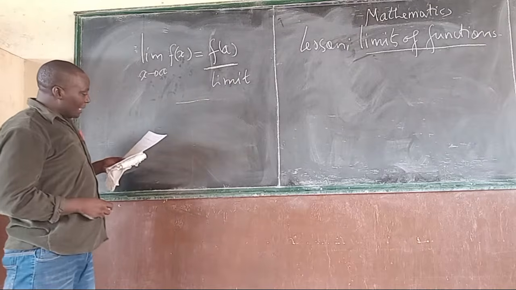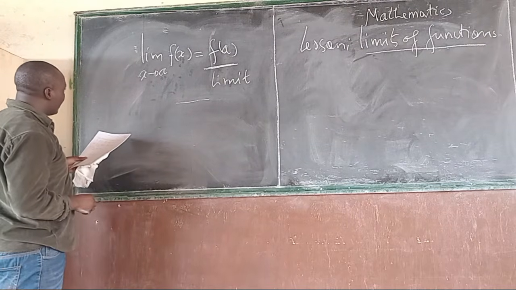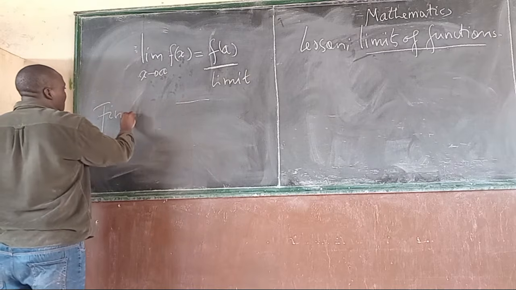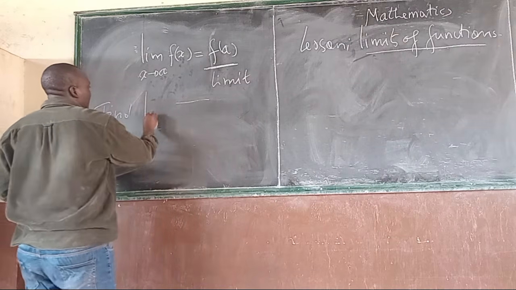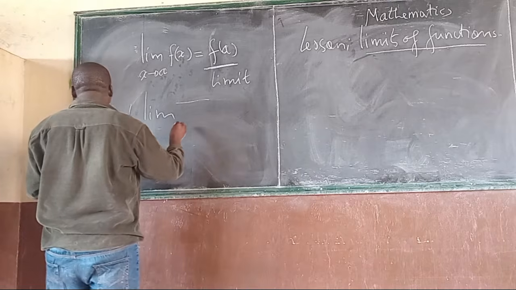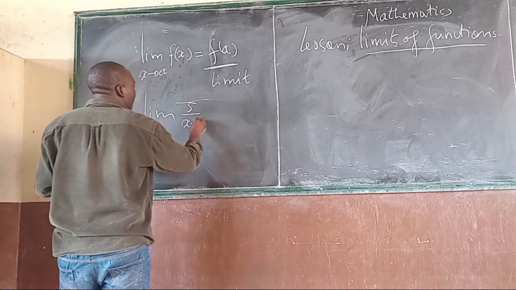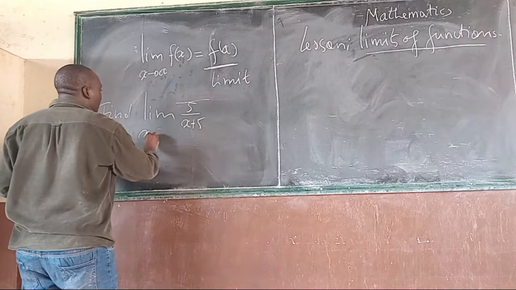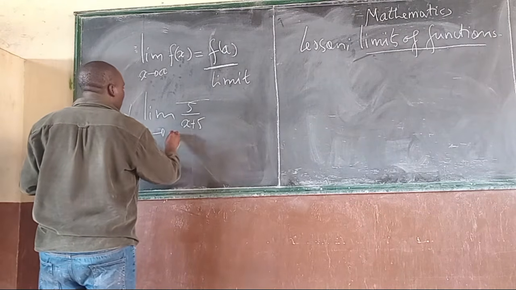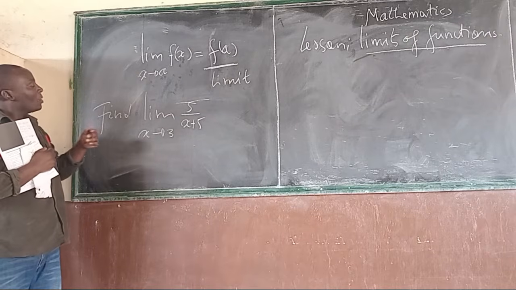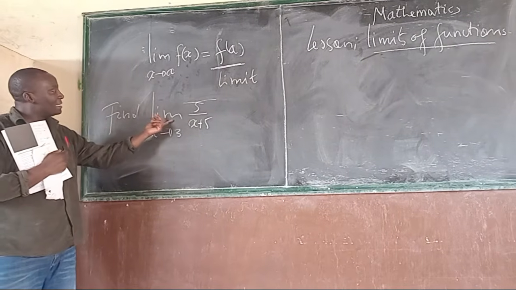Then let us again use a clear example. When we ask you to find the limit of your given function 5 over x plus 5, where x approaches 3. Teachers, see me clearly here. We ask you to find the limit.